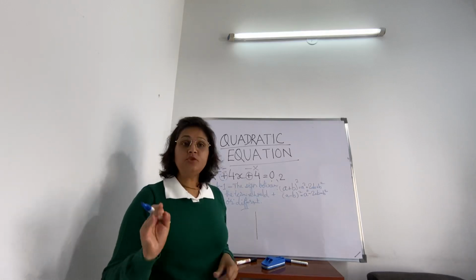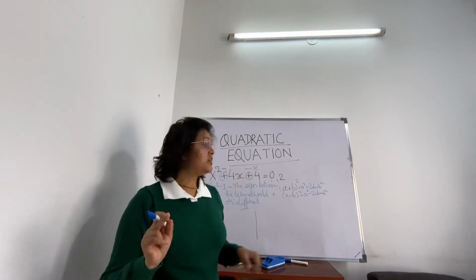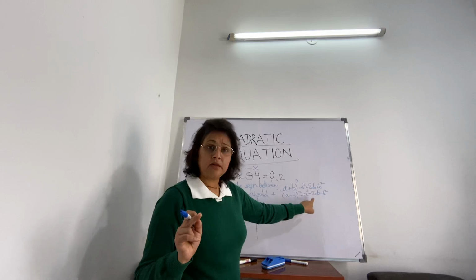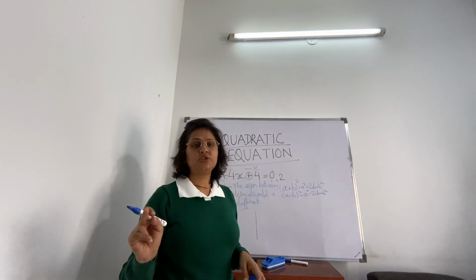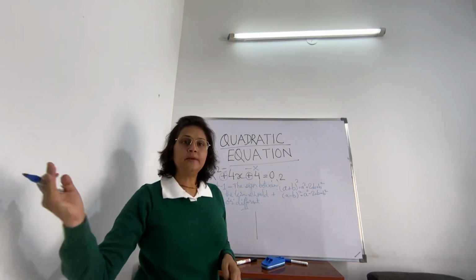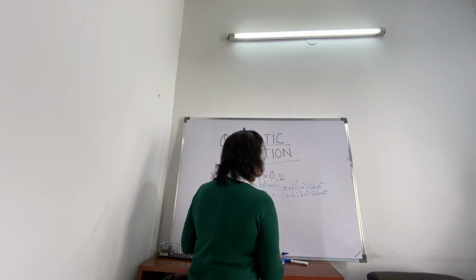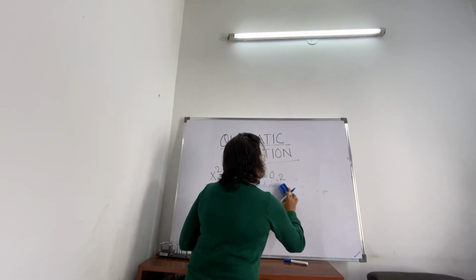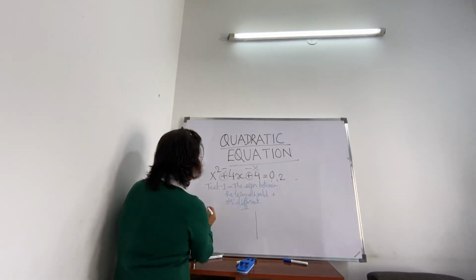For solving those kinds of equations, first we have to convert the equation into a perfect square, then only our process will begin. So let's say this one is done. This is test number 2.